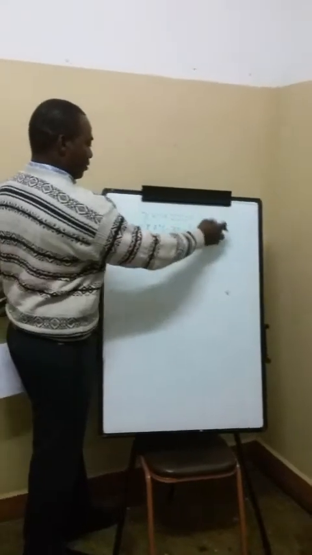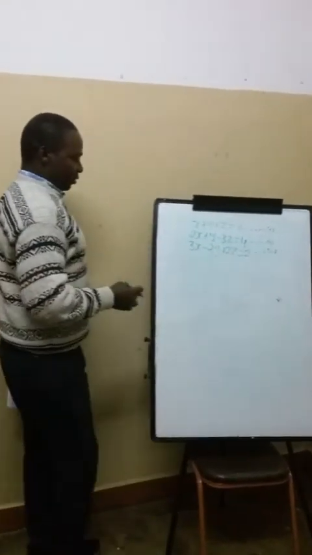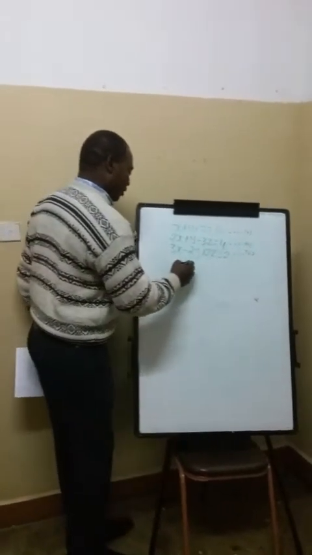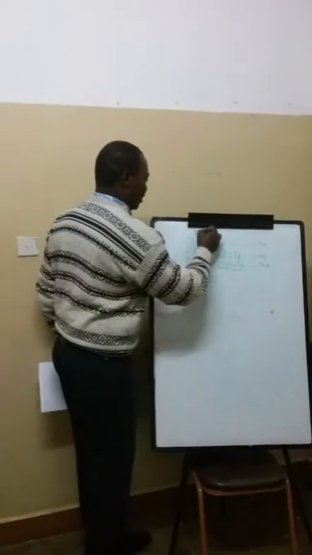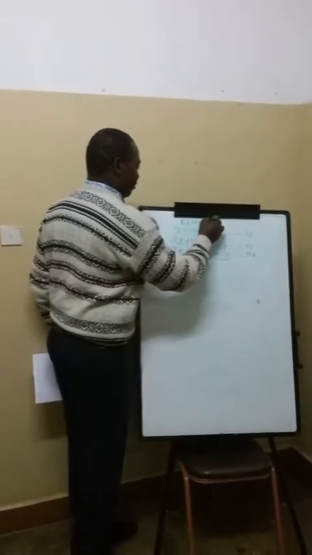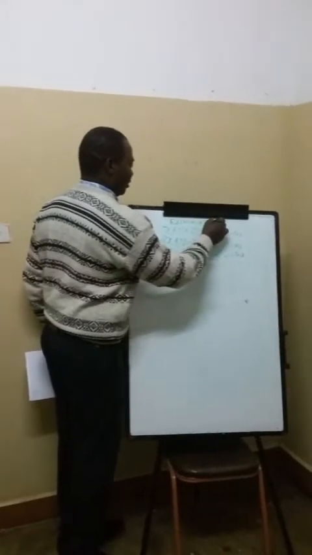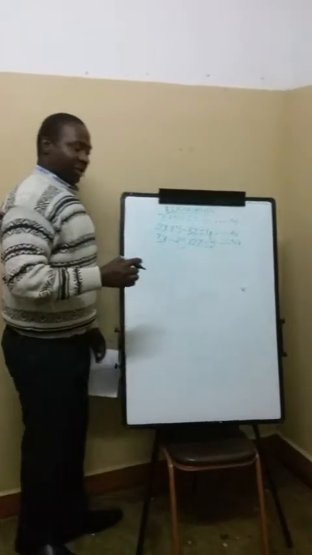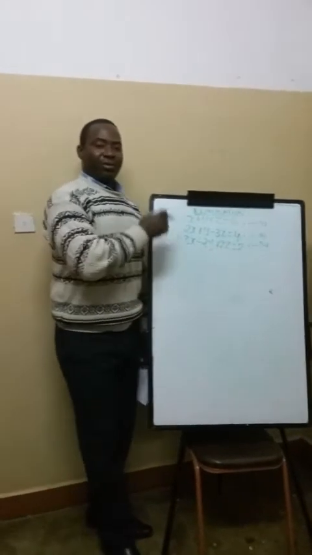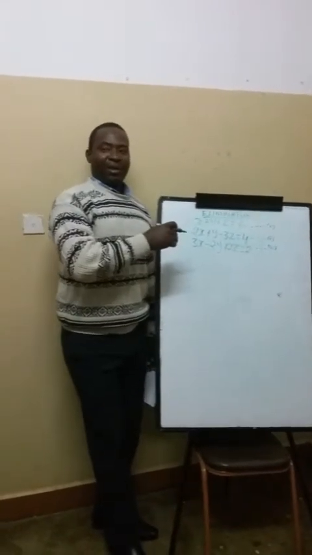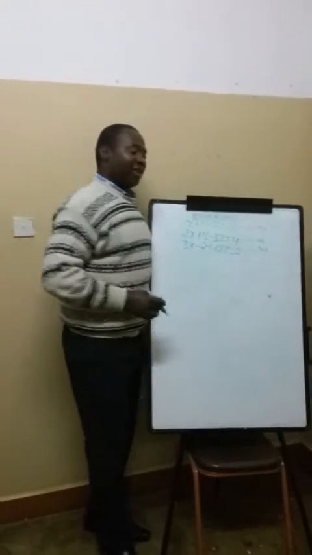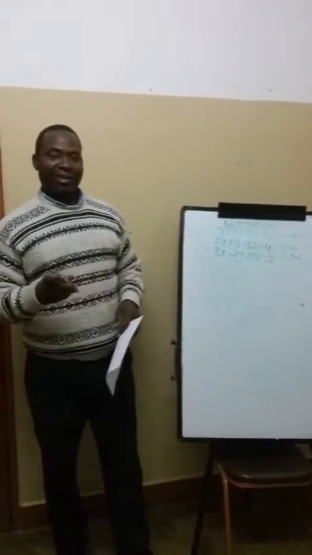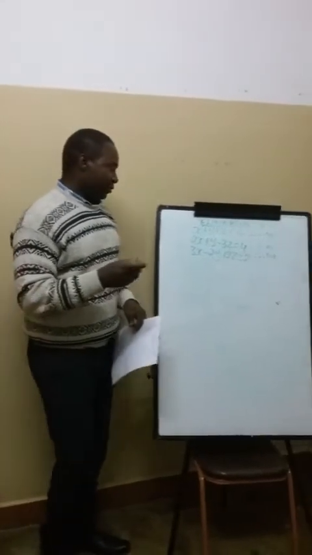I've used the Roman numerals 1, 2, 3 to label the equations. We're going to solve these equations using what is called the elimination method. We need to do away with one variable in order for us to remain with two variables, and then we go back to the way we used to solve simultaneous equations in grade 9, which were very simple.